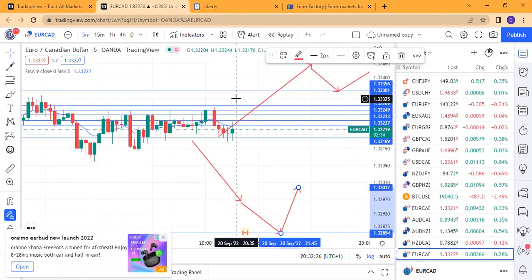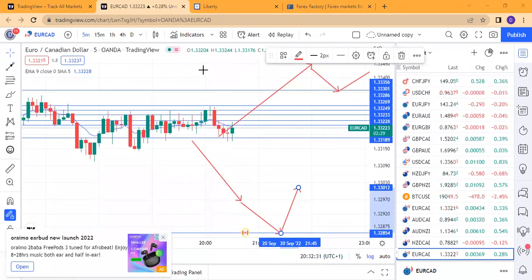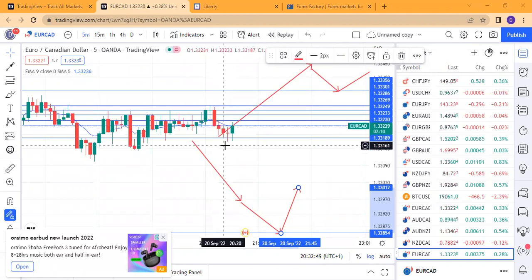So is there any other question? What if it doesn't break our support? I marked for a downtrend. For a downtrend, I marked the present lower wick, not the body.